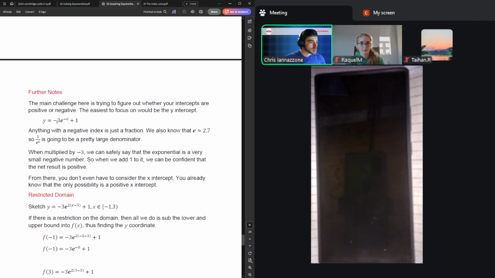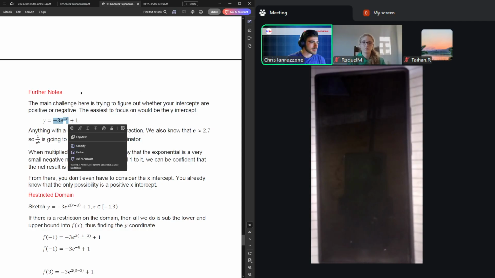So the way to work with that is, first of all, knowing that e is roughly 2.7. Just think of it as a small positive number, if that helps. And you just do a quick vibe check, right? How big is this number really going to be?